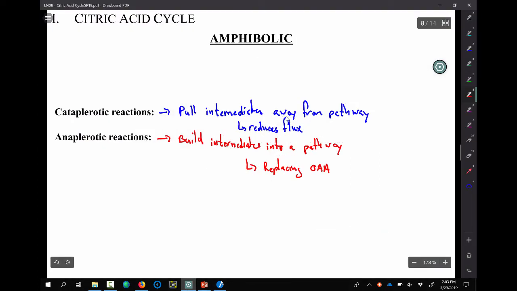Okay, so on Wednesday, we had gone over these cataplerotic and anaplerotic definitions. A cataplerotic reaction is something that will reduce or pull intermediates away from a particular pathway, tending to reduce the flux of that pathway.